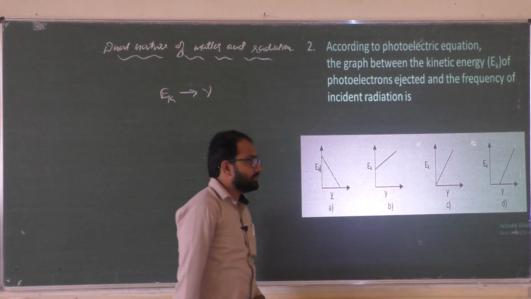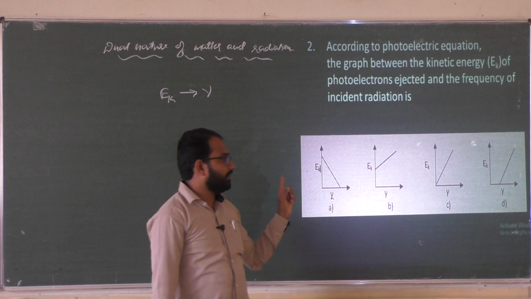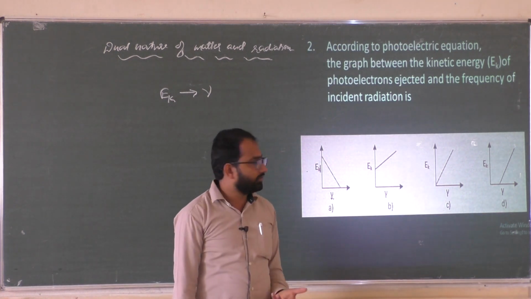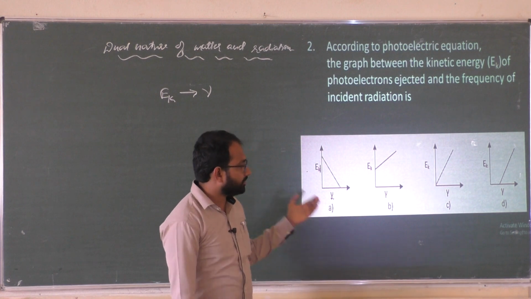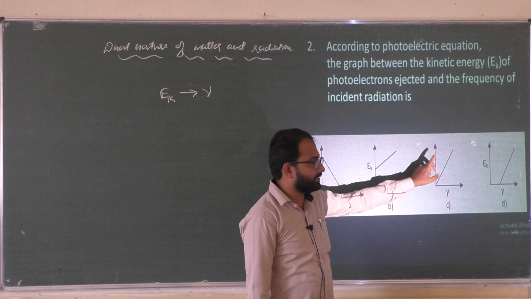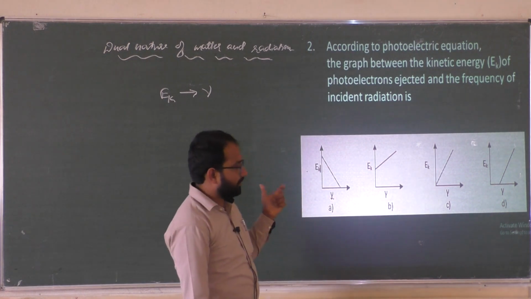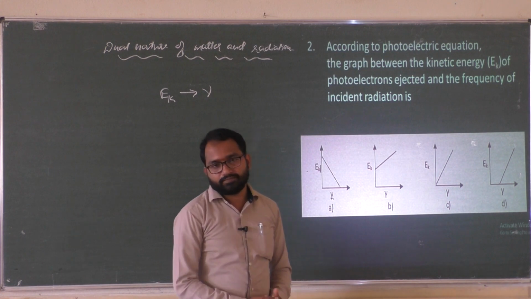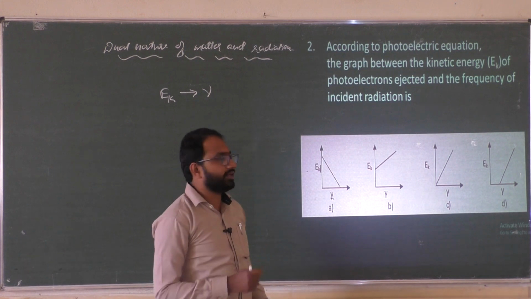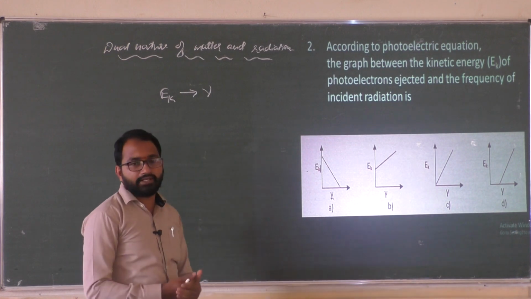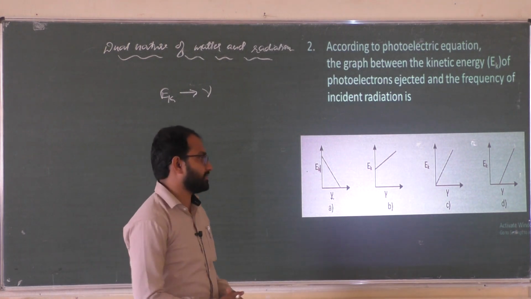Means as soon as you increase the frequency from 0, there is emission of photoelectrons with a certain amount of kinetic energy, which violates the definition of threshold frequency, right? There is a minimum frequency for the material above which photoelectric emission does take place.